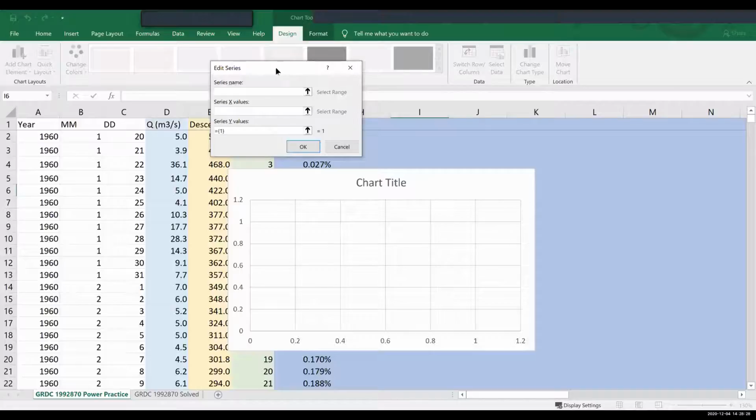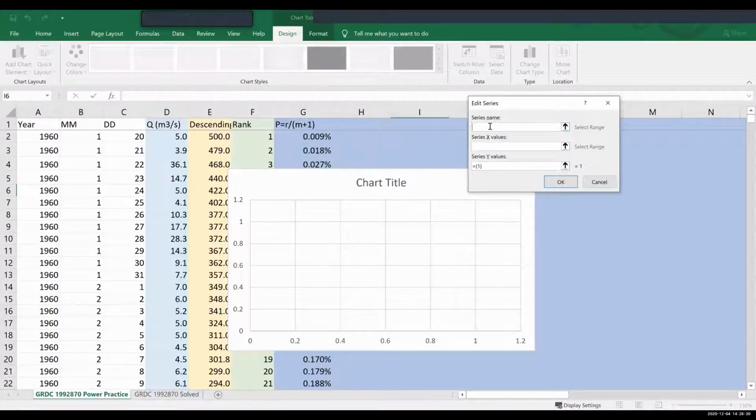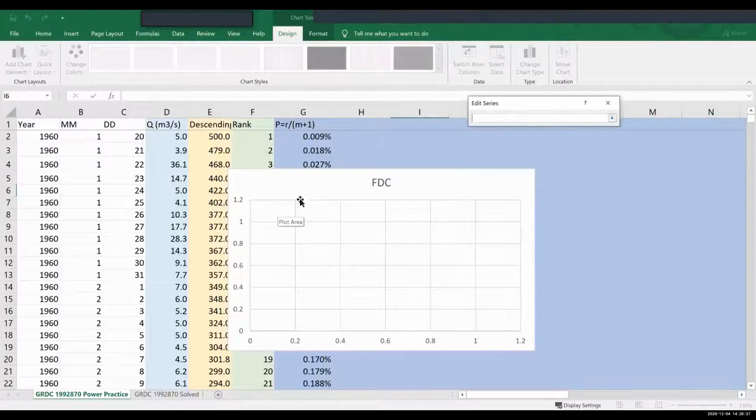The series name is FDC, flow duration curve. On the x-axis is this one, percentage.